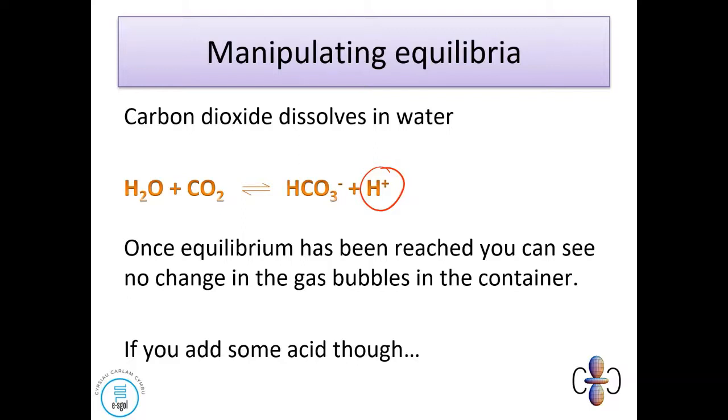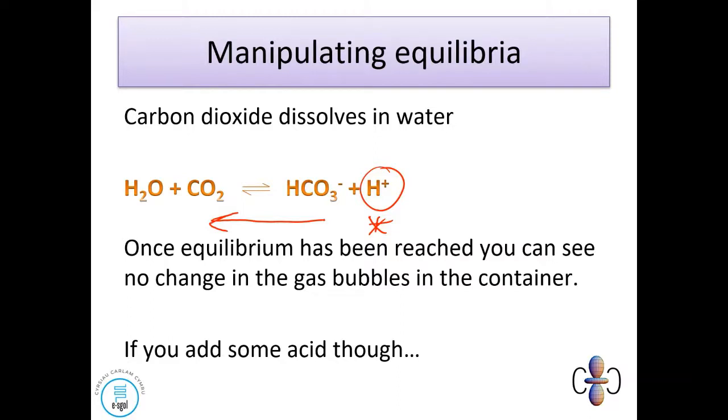The reason is that if you shove in more of this, Le Chatelier's principle, which I'm moving on to, tells you that it wants to undo that. It doesn't want any more H+ or protons present. The best way of getting rid of them is by using them up and making the reaction go that way, to the left-hand side.